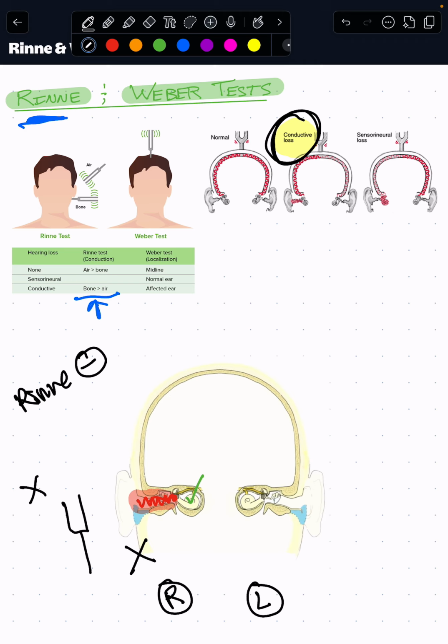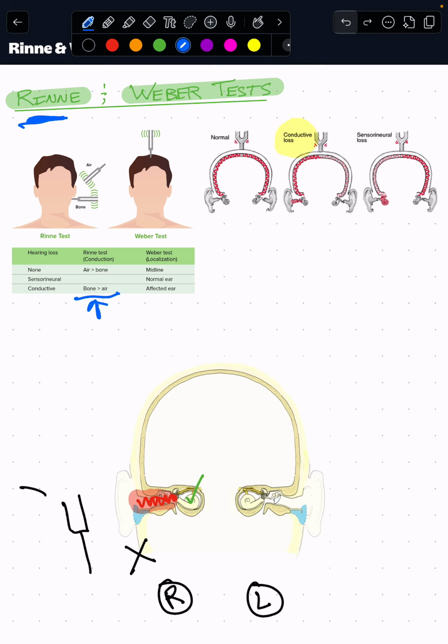So let me reinstate. Conductive loss is a negative Rinne test, and this means that the bone conduction is stronger than the air conduction. All right, cool. But let me talk about sensorineural loss for the same ear and how it's different.